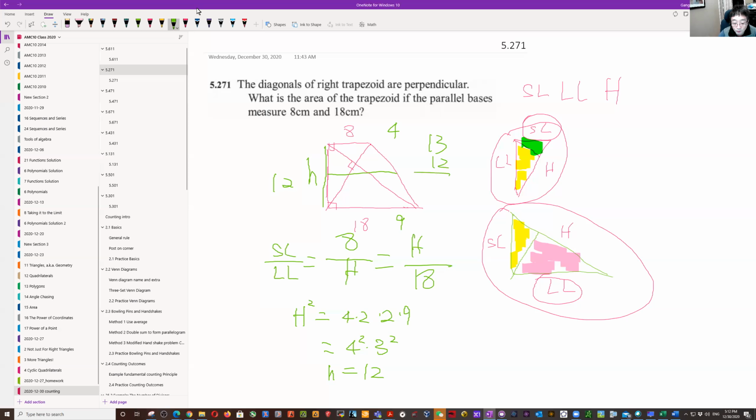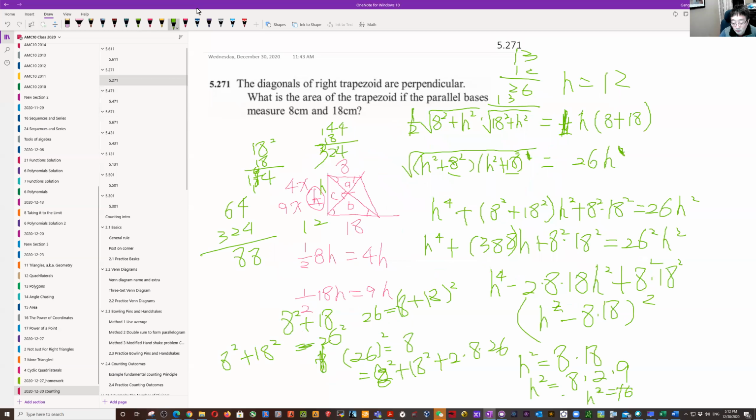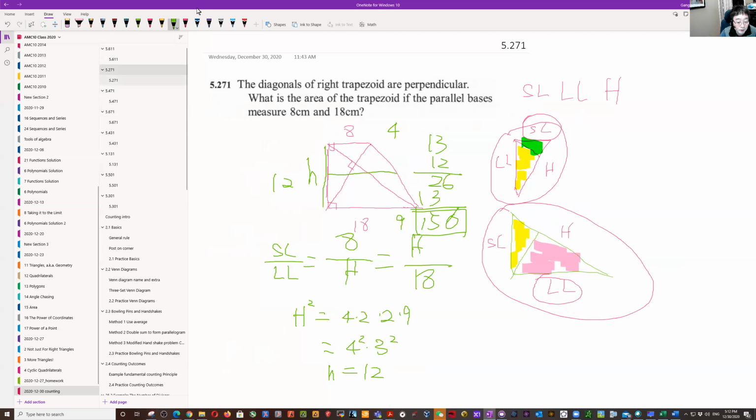And multiply by 12, 26, 13, and 156. So this is the area of the whole thing. Let's check. On this problem I'm using an algebraic method, but there are two methods of doing this. I'm just going to show a simple one.